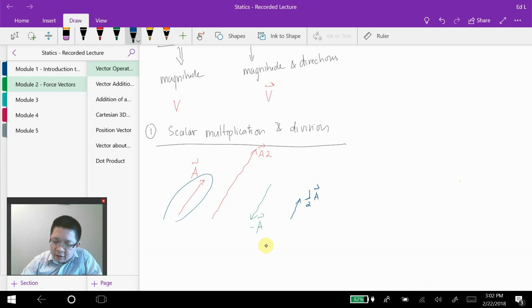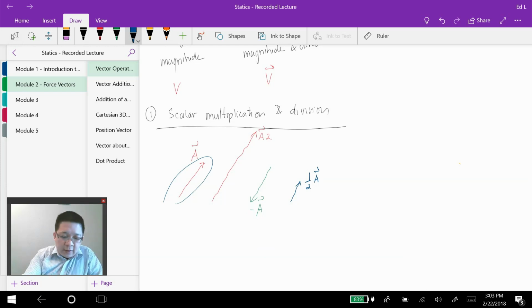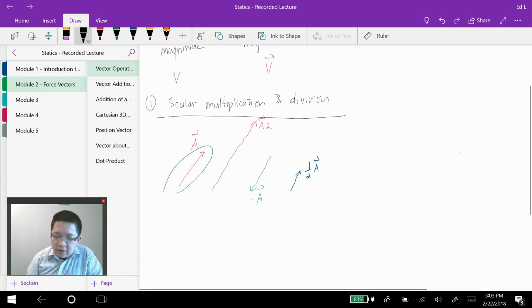It still has the same direction, as we noticed. However, the direction changes once we multiply it with a negative scalar, although it's still parallel to the original factor. So that's scalar multiplication and division.